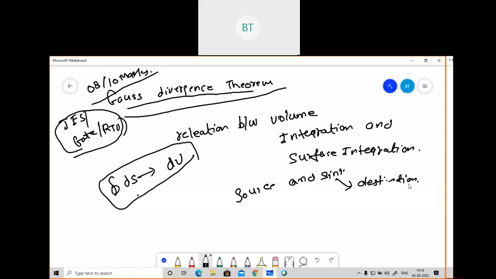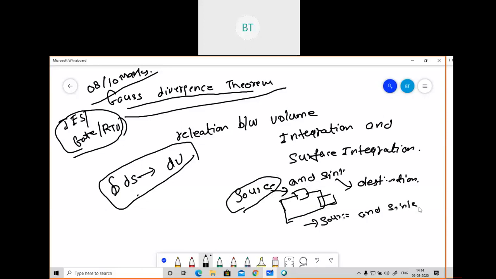Suppose you have a system, like a closed loop system, and you are not aware of where your starting point, your source, is. Based on the Gauss divergence theorem, you'll find your source, and after that it will help you to find the sink also, meaning the destination, where the system ends. So it helps you to find the source and sinks of any system.